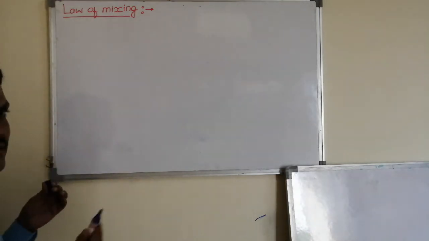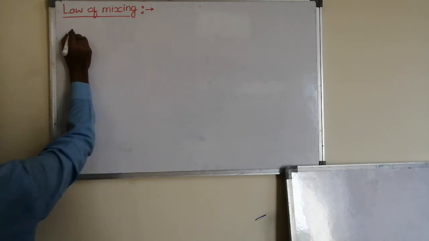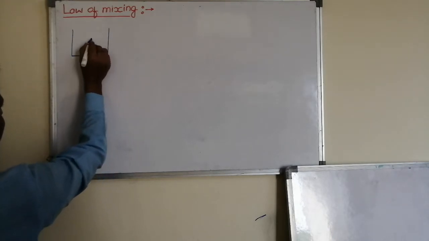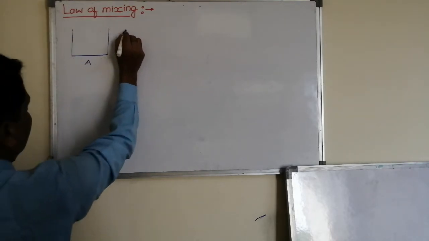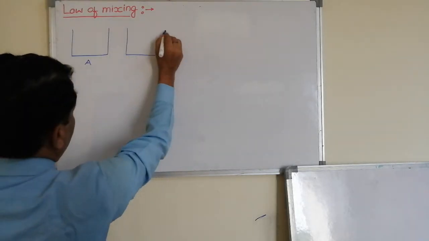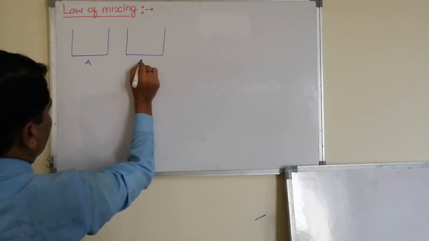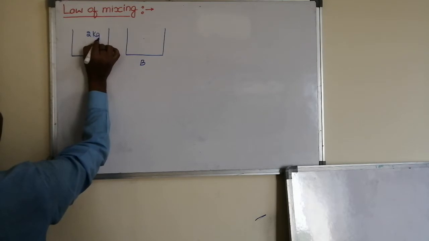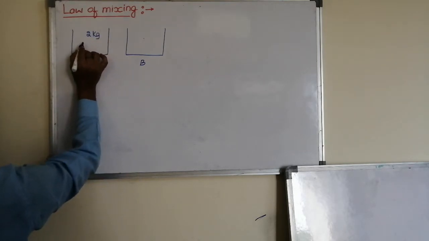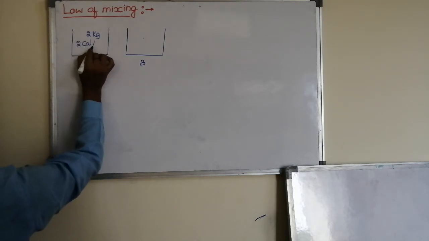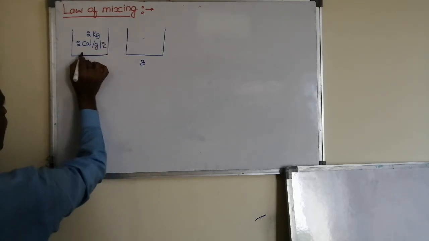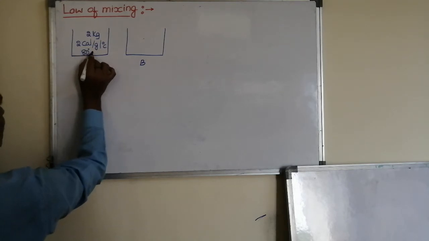See here, one simple question. Consider we have two liquids, this is liquid A and this is liquid B. A has mass 2 kg and specific heat, say, 2 calorie per gram per degree Celsius, and it is at 80 degrees Celsius.